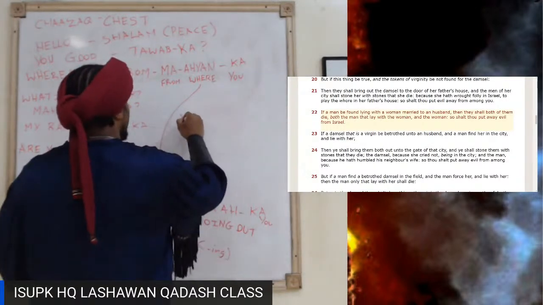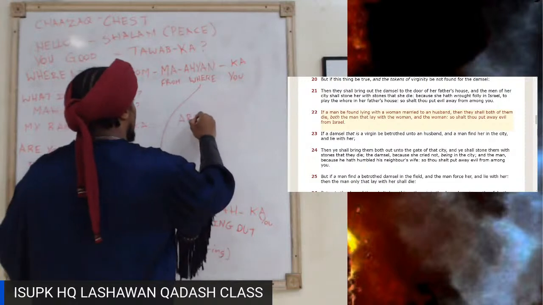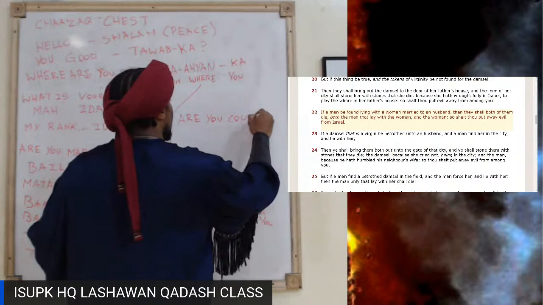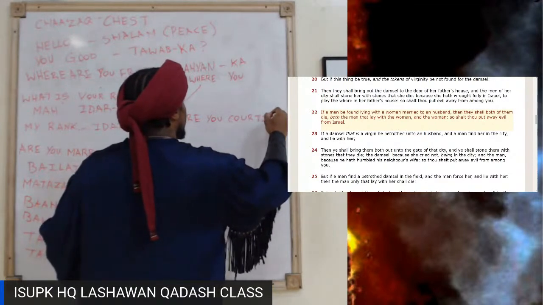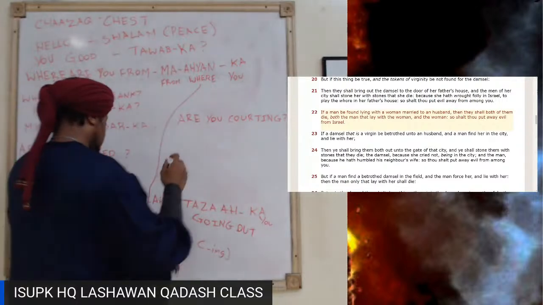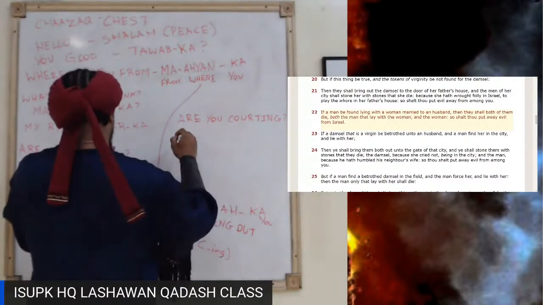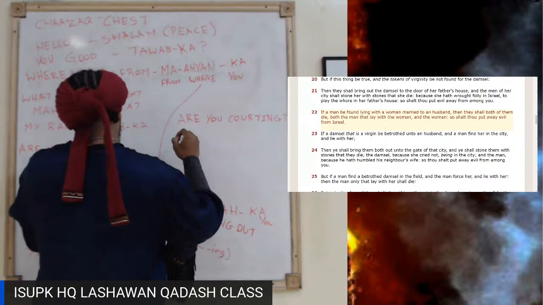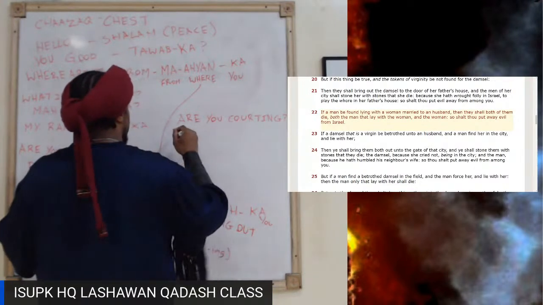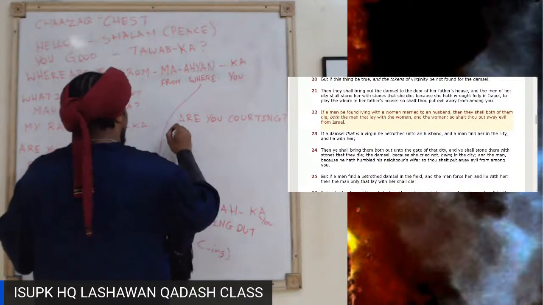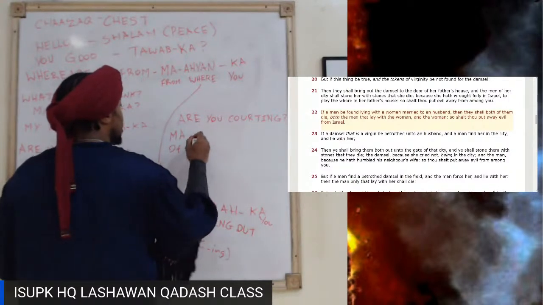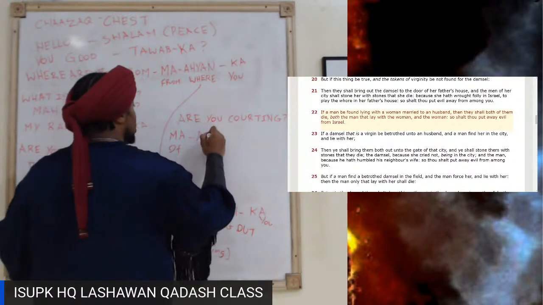Now, are you courting? Okay, that's good too, because she might not be married. She might be on the way to being married, right? It would be Ma Arasha or Ma Arash. Keep it basic, right? Ma is of.